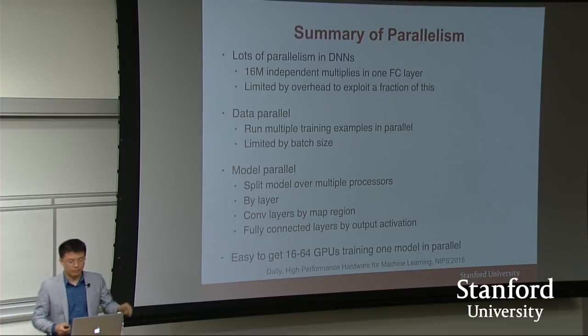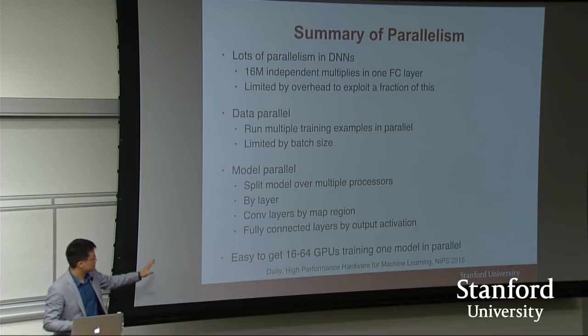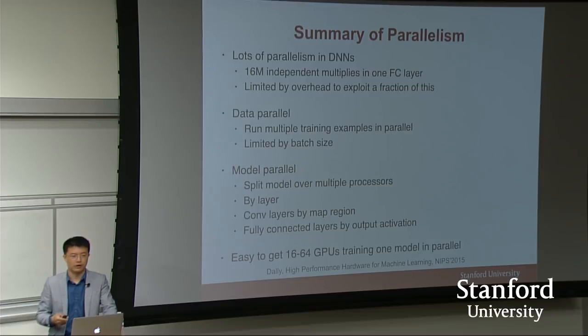And you can also run the model parallelism, split the model either by cutting the image or cutting the weights, the convolution weights, or cutting the fully connected layers. So it's very easy to get 16 to 64 GPUs training one model in parallel, having very good speed up, almost linear speed up.